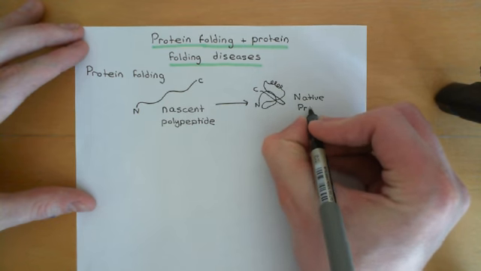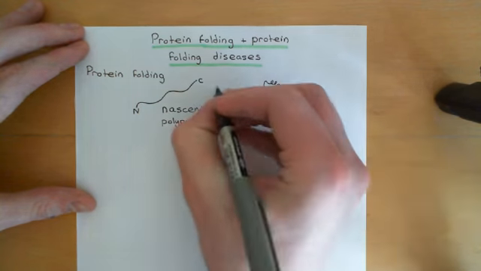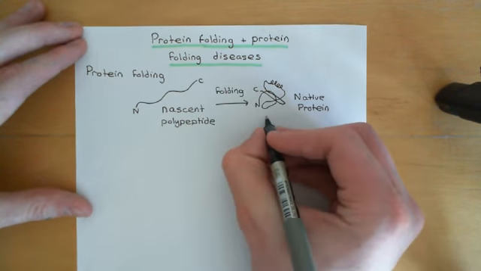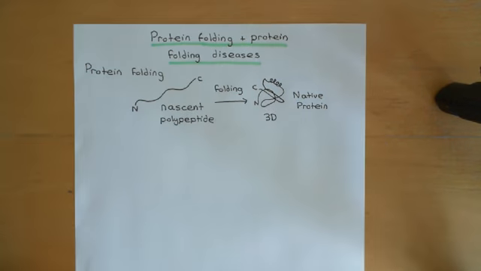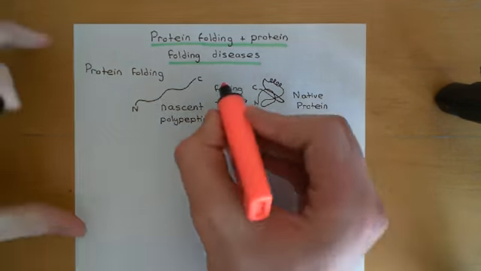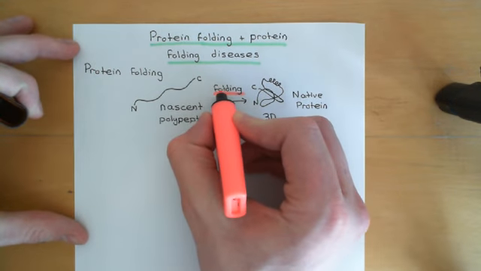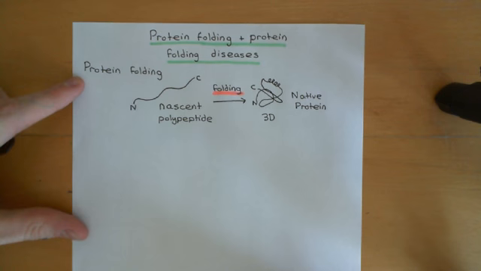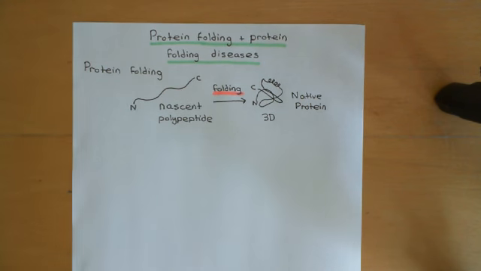This process of the nascent polypeptide folding into its three-dimensional native protein structure is the process of protein folding, and it is this that we are going to be extremely interested in in this video. This is what we're studying: this phenomenon that proteins go from just being a polypeptide, a polymer of amino acids, to having this three-dimensional native structure. Now, certain proteins undergo this folding on their own. It's a spontaneous process.